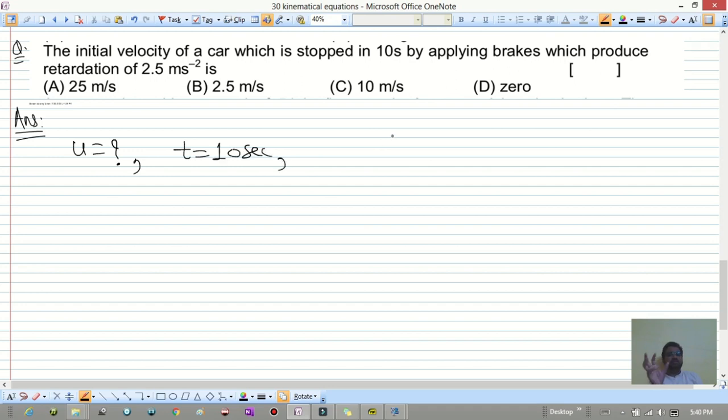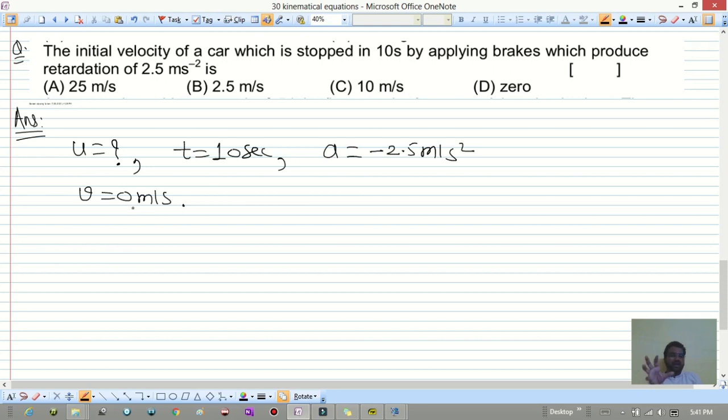Retardation indicates acceleration as minus 2.5 meter per second squared. Okay, so as the car is stopped after 10 seconds, what is the final velocity? It is 0 meter per second. That is what you have to extract from this question.